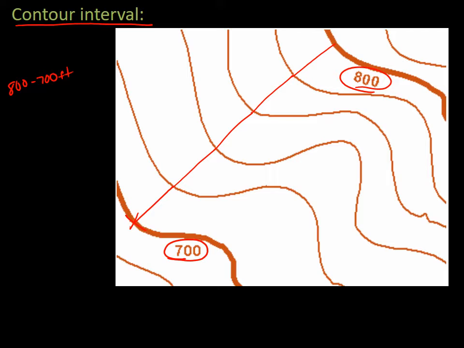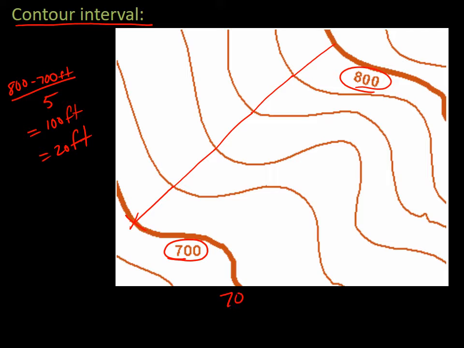It takes 5 lines to go from one index contour to another, 5 lines to go from 700 feet up to 800 feet in elevation. And so that 100 feet in elevation is divided into 5 equal chunks, and so the contour interval must be 20 feet.